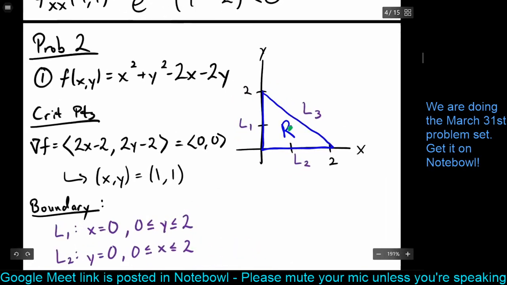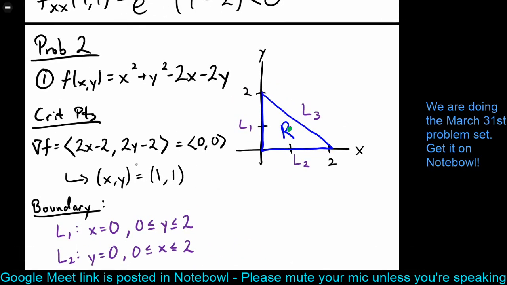Back up here. So here, when we found the gradient and set it equal to 0, this is 1, 1, but the problem is that's not in the middle there. Despite my poor drawing, it should actually have been up here.